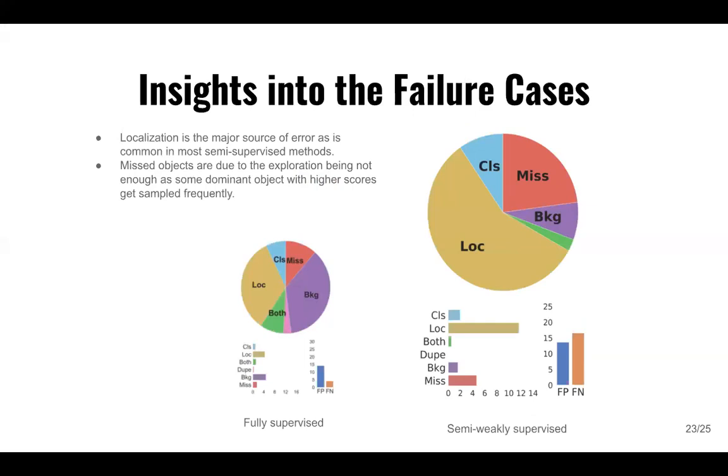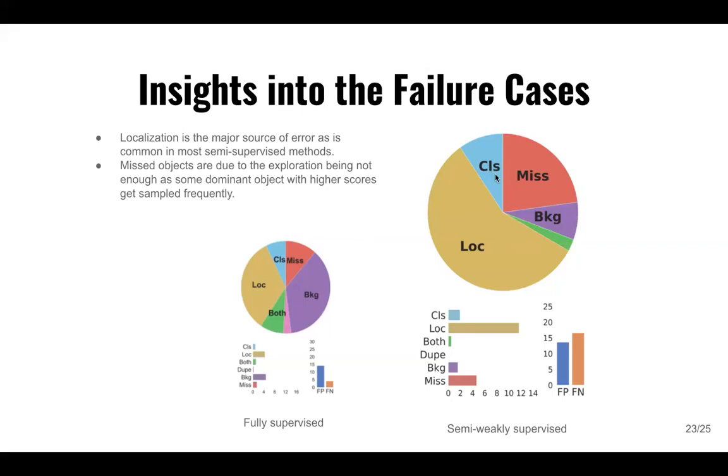Next, we try to see the error analysis of this type of detector. On the right is the error diagram, and there are different types of errors, like localization error, where the localization is less than the threshold, which is 0.5. And then there are missing ground truth errors, which are locations where we don't have any detections but actually there is a ground truth.